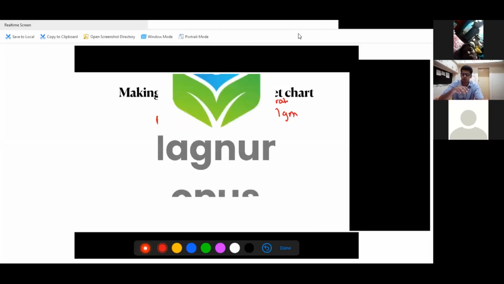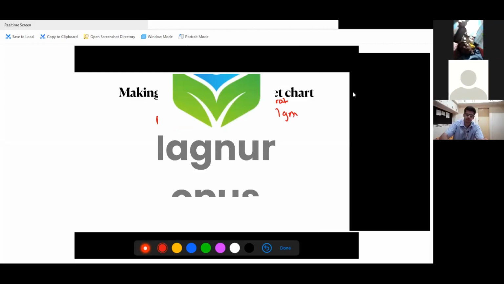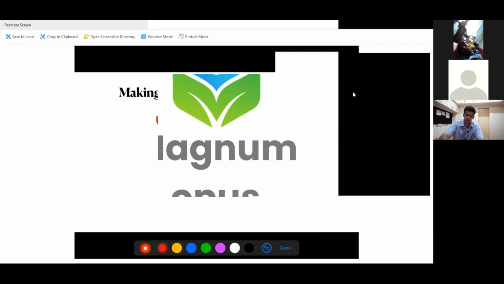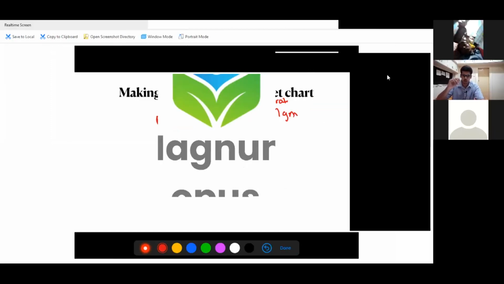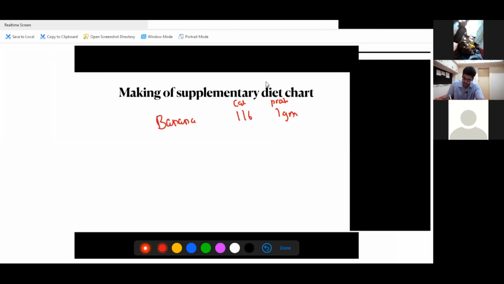Yes, someone said dairy products and fruits, but not like that. You have to be very specific because you don't want to push him into another diagnosis. So being specific for our patient, we said one banana, that's 116 calories and 1 gram of protein.